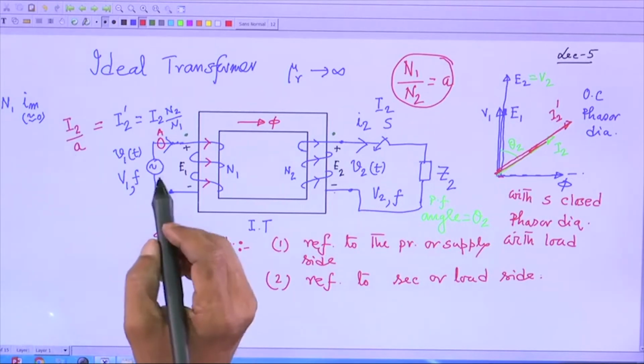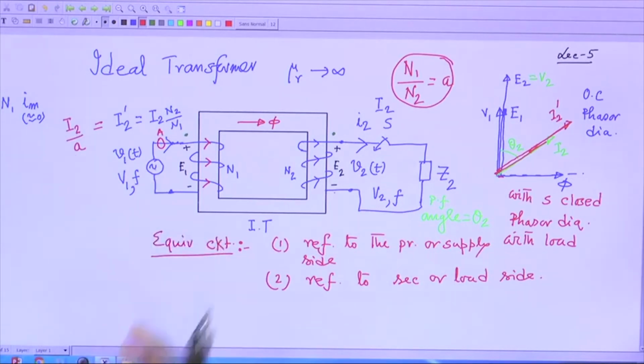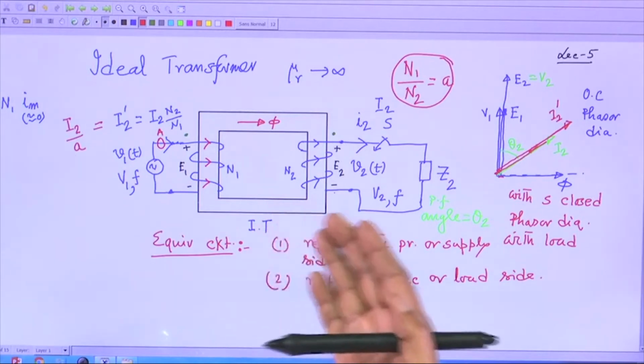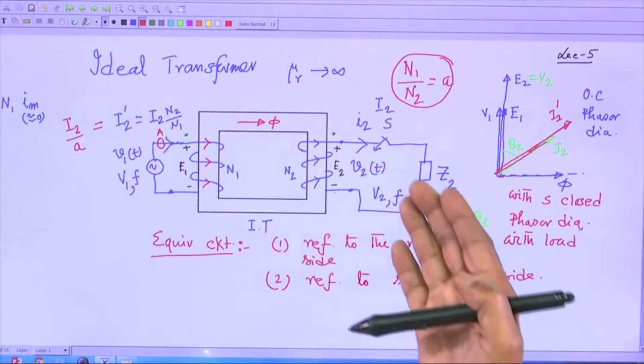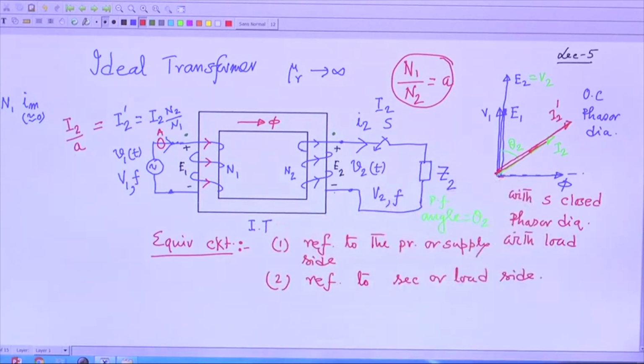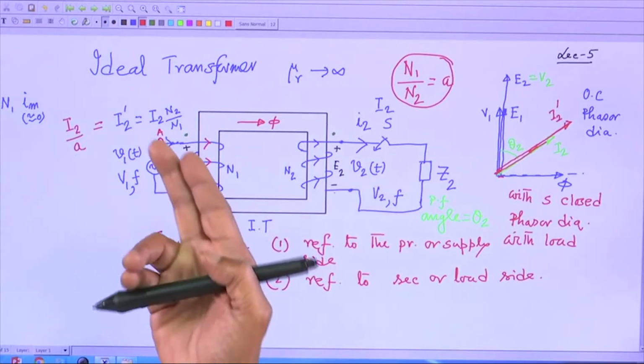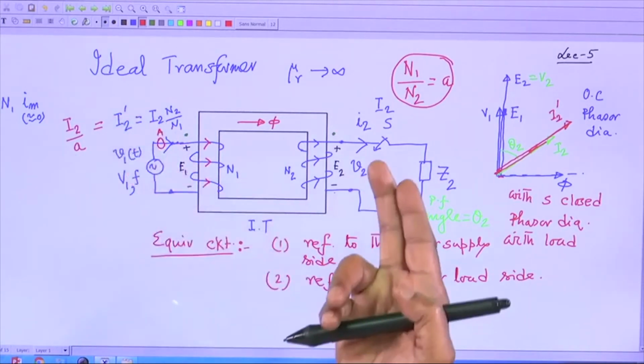Now, if you look from the supply side, the supply does not know whether you have connected a transformer and then a load across the secondary side. What it only knows is that here is a supply and I am supplying a current I2 dashed when S is closed.